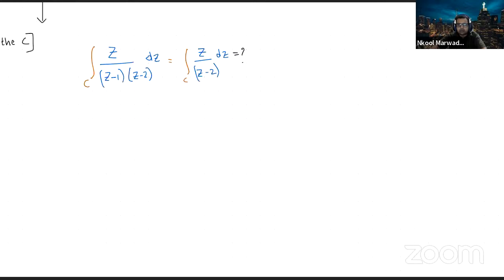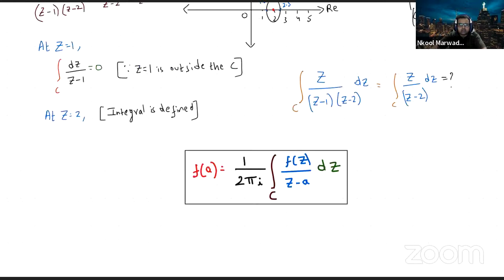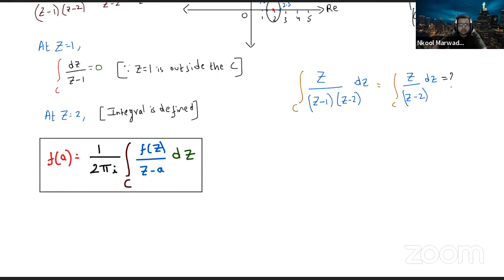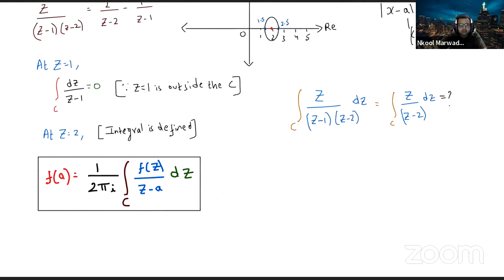So this formula I can use. And how I will make use of this formula? Let us see. According to this formula, here a is 2. Here a is 2. What we have to calculate, I can write like this. F of 2.